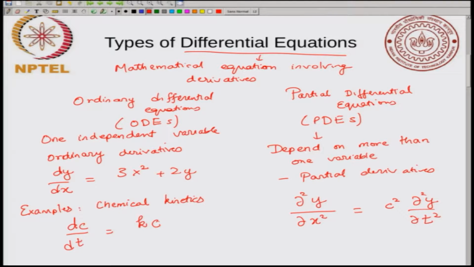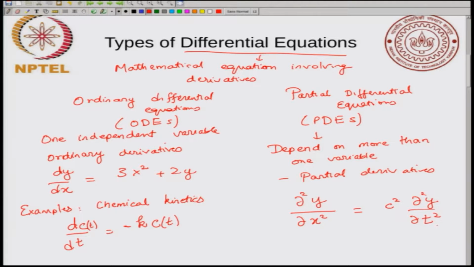C is a concentration which is a function of t, and you could have something that looks like dC/dt equal to minus k times C(t), which is a first order decay.